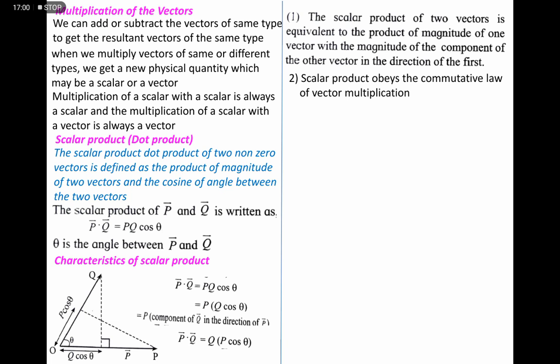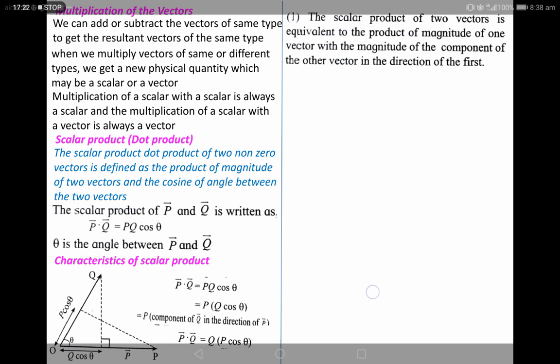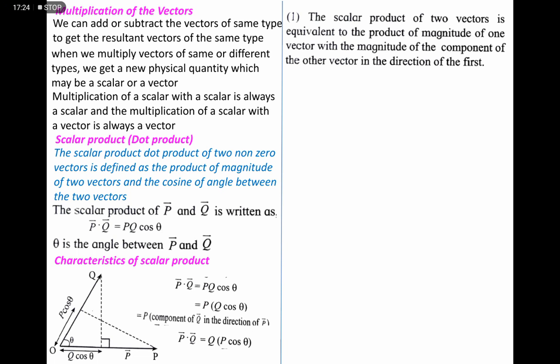Second, the scalar product obeys the commutative law of vector multiplication. Again, we have to consider p bar dot q bar is equal to pq cos theta. Similarly, we'll write q bar dot p bar is equal to qp cos theta.